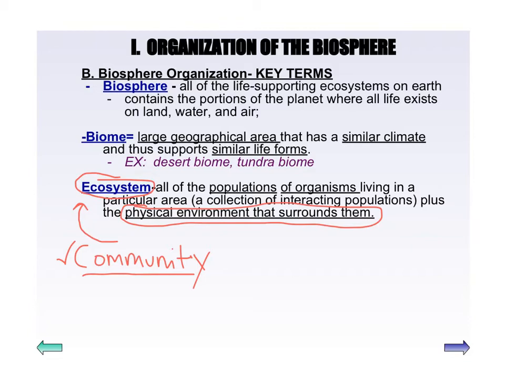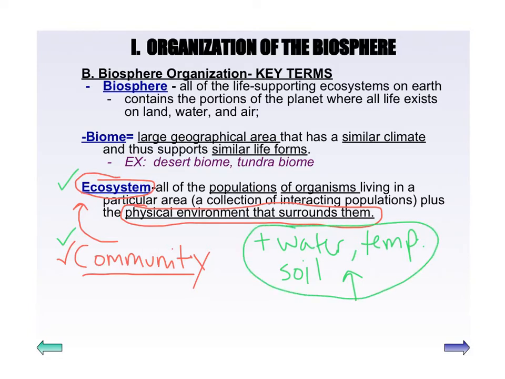So the only difference between an ecosystem and a community is that you're going to add things that are non-living, like water. You're also going to add things like temperature. How hot is it? You're going to add things like the soil. Is there good soil, or is it rock, or is it sand? Whatever. All these things affect plants, which then will affect the animals. So an ecosystem is everything living in an area plus the non-living environment around them.